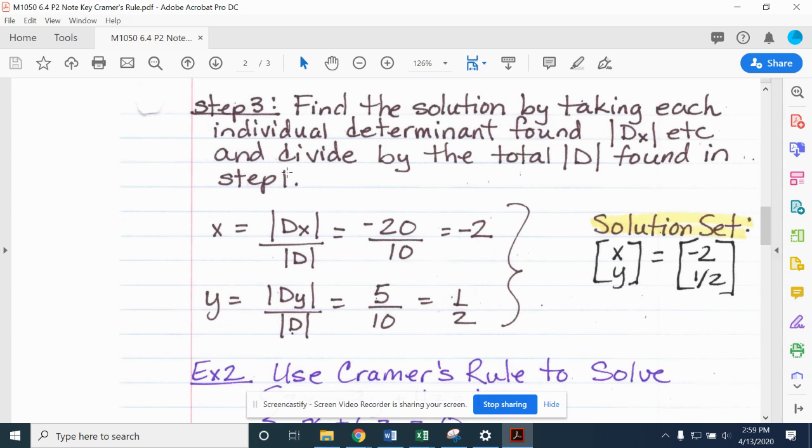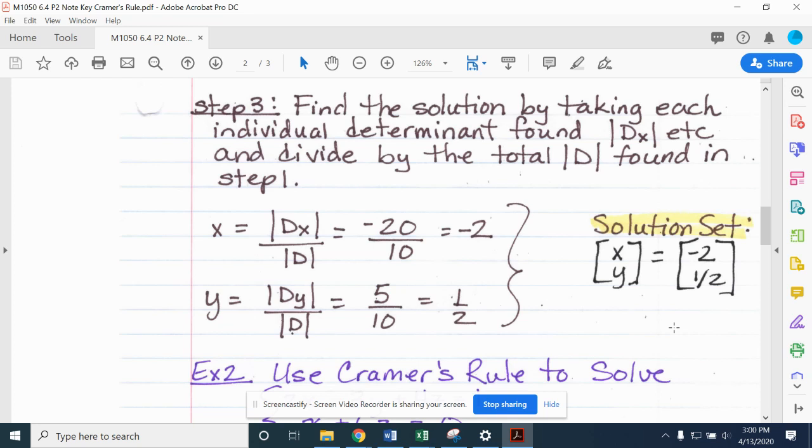So for my x value, the determinant of x was -20. We divide by the determinant of the whole thing, which was 10, and I get -2. And same thing with the y. I had 5 for the determinant of y, and out of the overall determinant of 10 gives me 1/2. So our solution set, our (x, y), is (-2, 1/2).